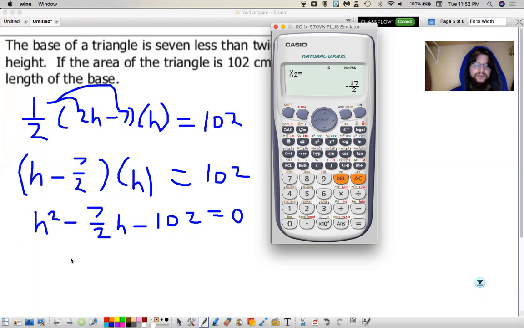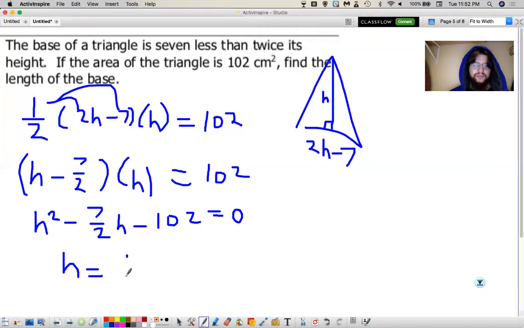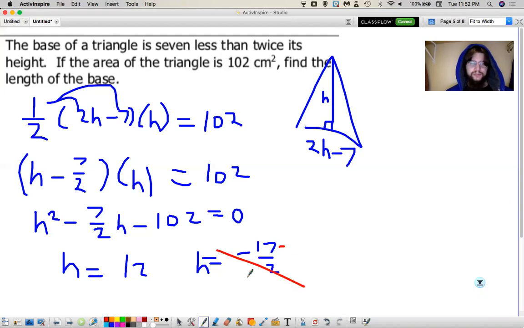So let me write those down. And again, we're talking about dimensions, length, height. Can't be negative. So I have my height is 12. That's my answer. Moving on.